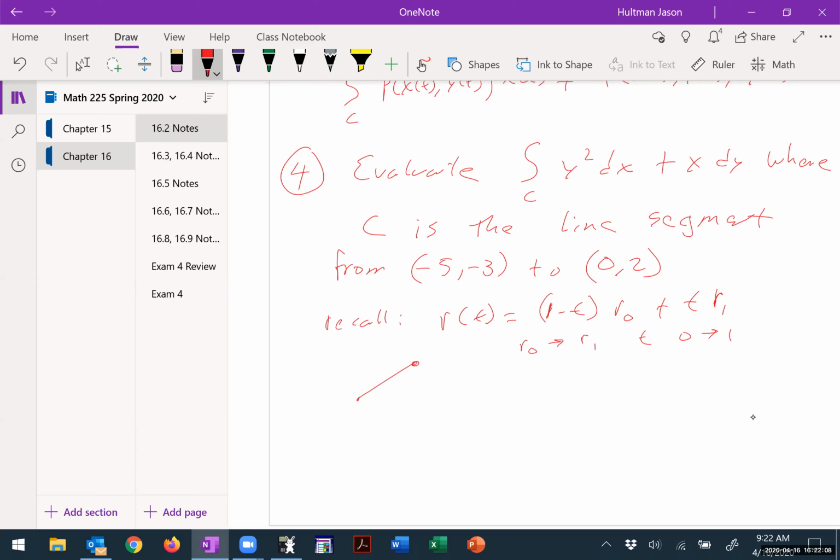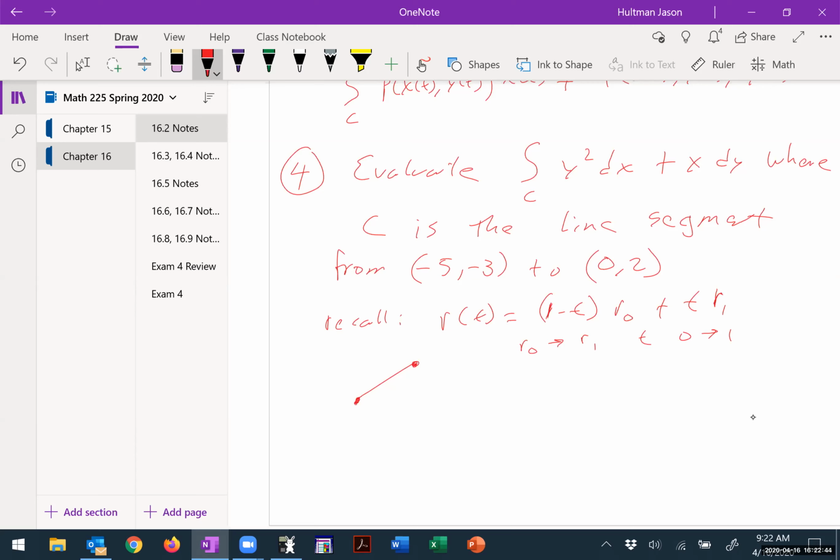and that is my line in the XY plane, but I'm going to have to parameterize this in 3 space, even though it's on the XY plane, and there's only 2 components for R naught and R1. I still have to put it in parametric form, because it is going to be represented in 3 dimensions. It just happens to be in 2 dimensions right now, but it is in 3 space.